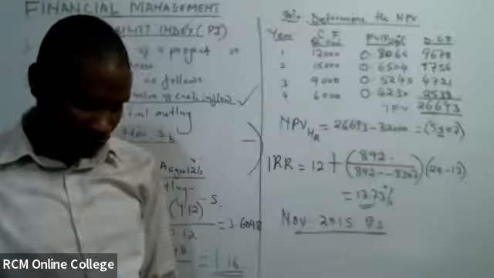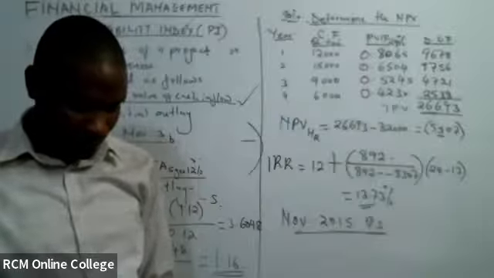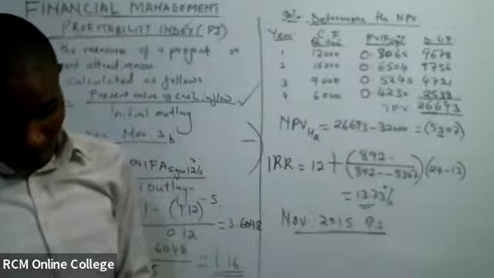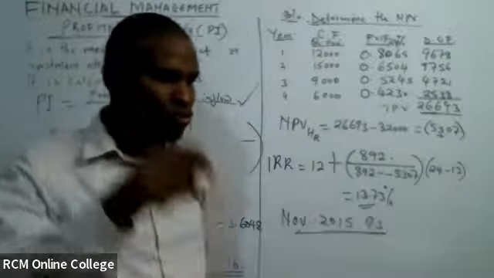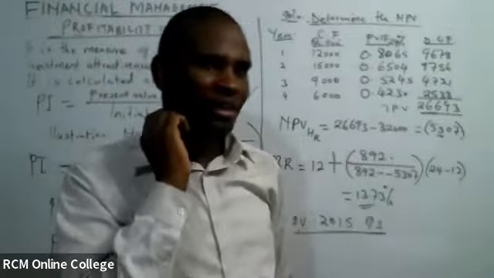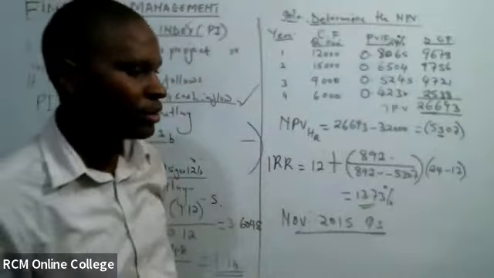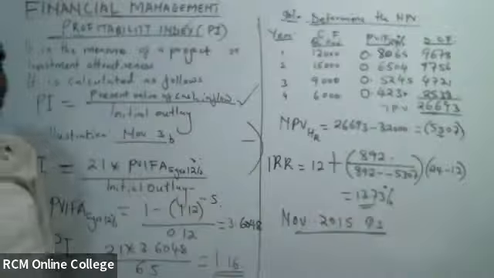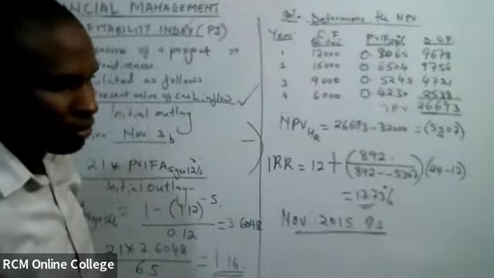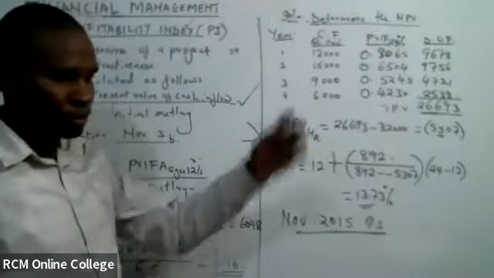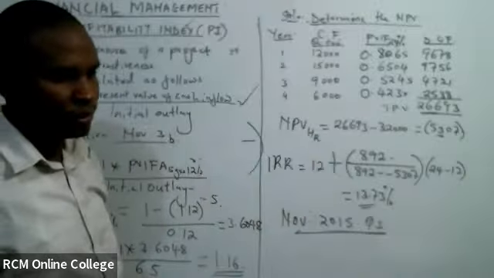It is always good to note the cash flow we have been given. We have been told it is annual, so we are looking at an annual cash flow, an annuity. Annual annuity. Don't think twice about that.